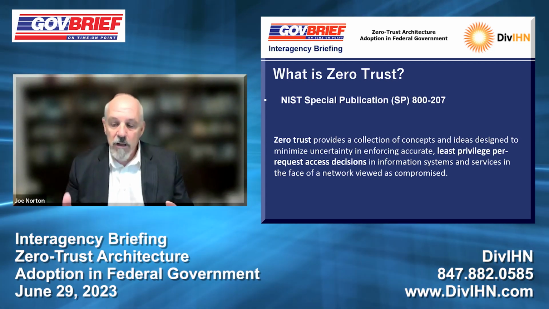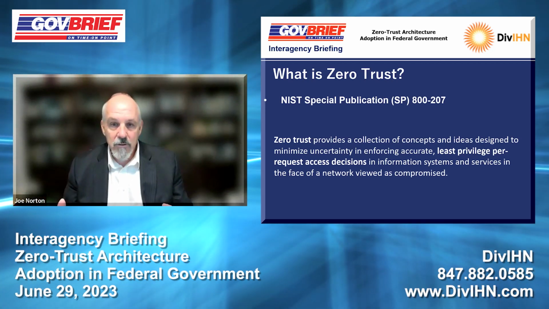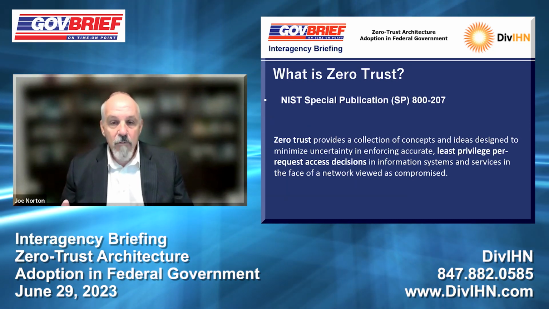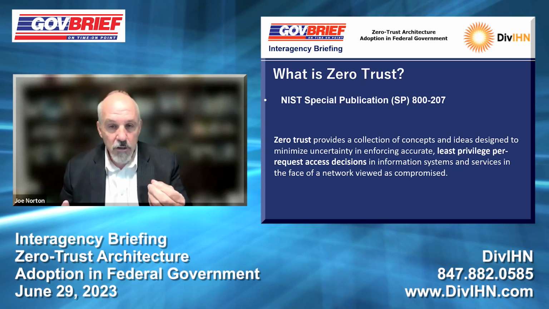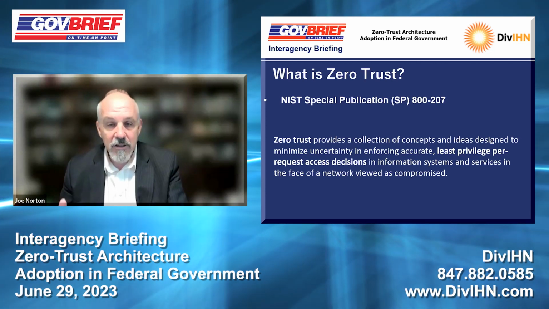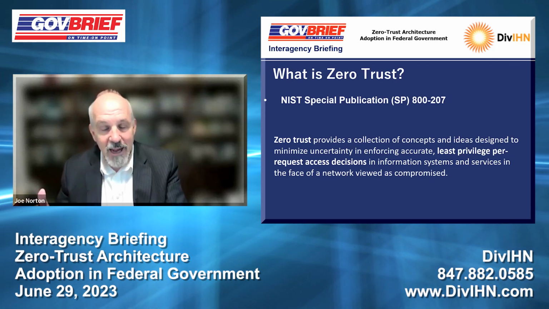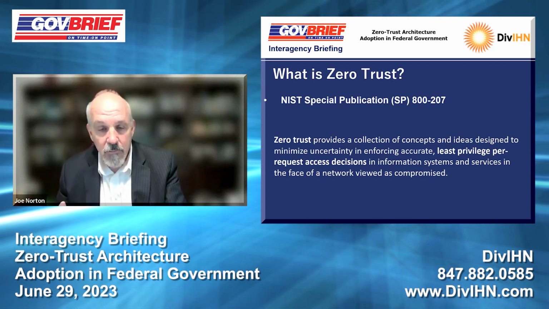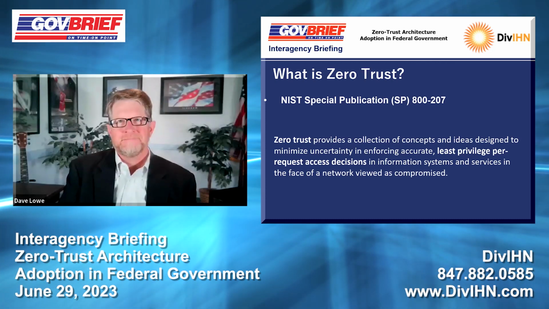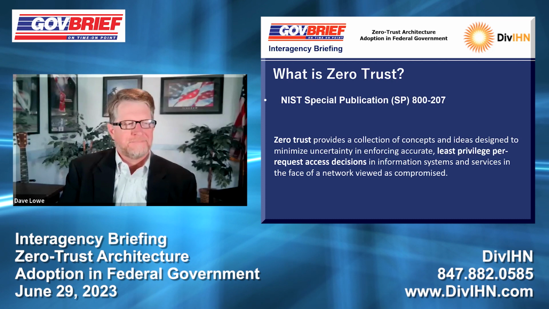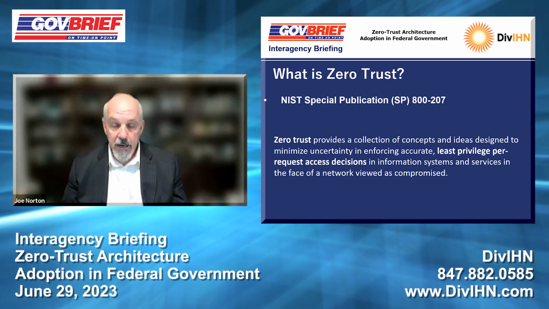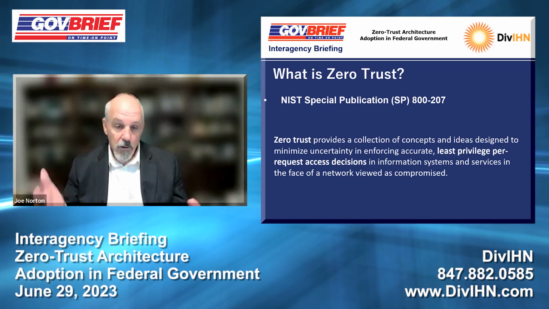It's about ensuring that the people who knock on your door, that you know who they are and you know what they're accessing. And when they're done accessing that resource, that application, that database, that device, that they go away. And if they want to come back later in the day to the same resource, they have to be re-authenticated. That's what least privilege per request access decisions mean. And it's not only for people, it's for all identities. Okay, next slide.